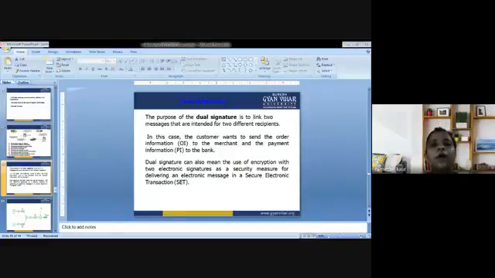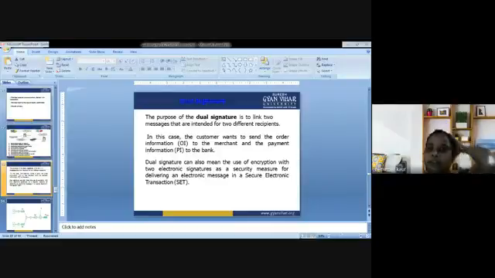Dual means two. So it is OI for merchant, PI for bank. Order information and payment information. Order information is concerned with the merchant, payment information is for the bank. So you might think sending them separately is an easy and more secure way, but sending them in a connected form resolves any future disputes possible.